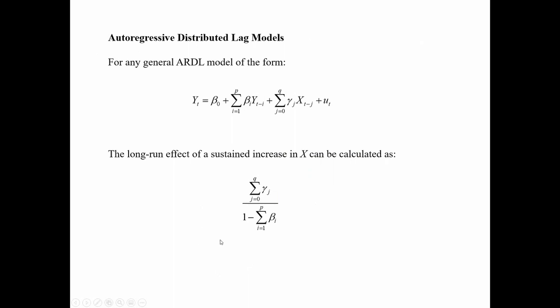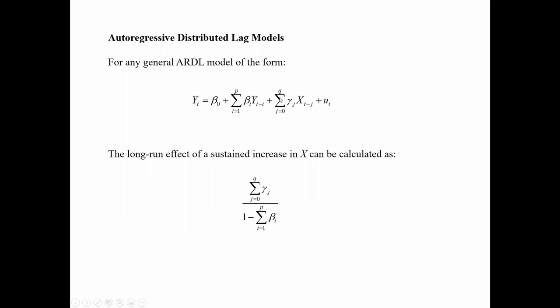Let's say a few more general words about autoregressive distributed lag models. So far we've restricted attention to fairly simple cases, but in general we can write the autoregressive distributed lag model as y_t equals beta naught plus the sum of a set of coefficients beta_i multiplied by lagged y's up to p lags on y, and then a set of coefficients gamma_j multiplied by lagged x's up to lag q.